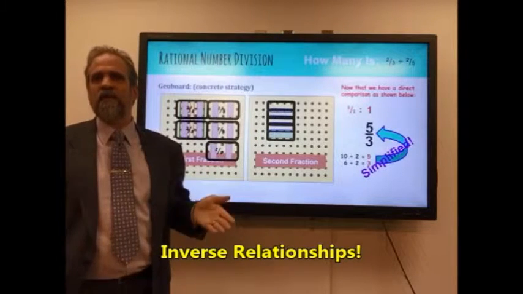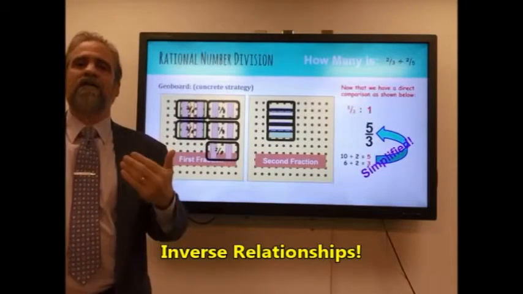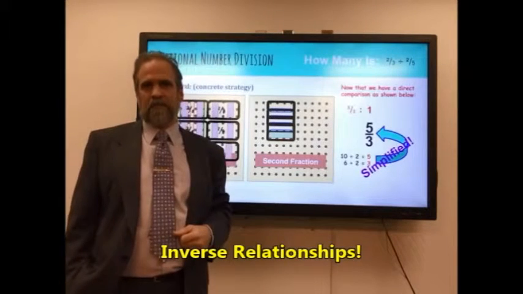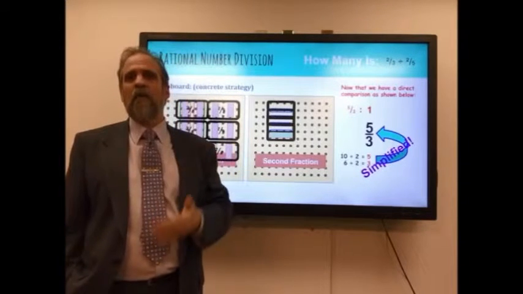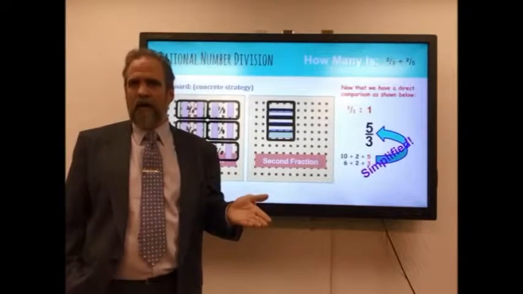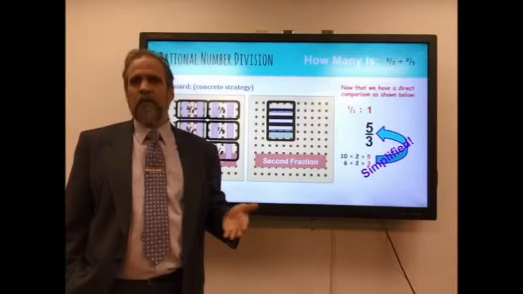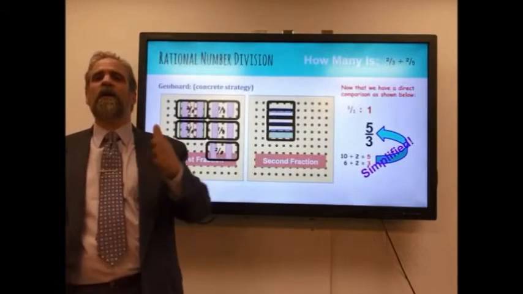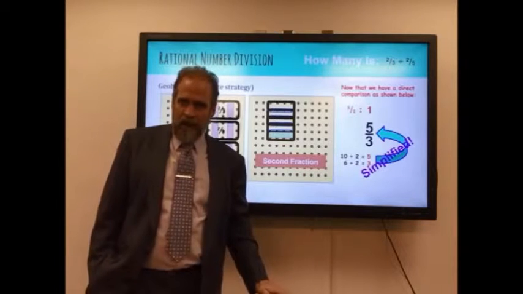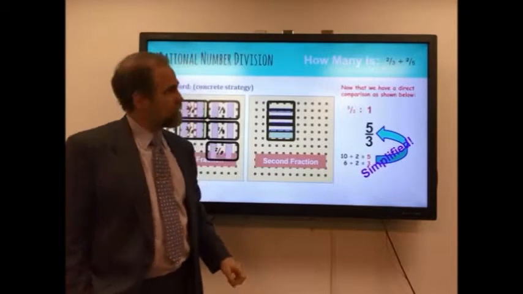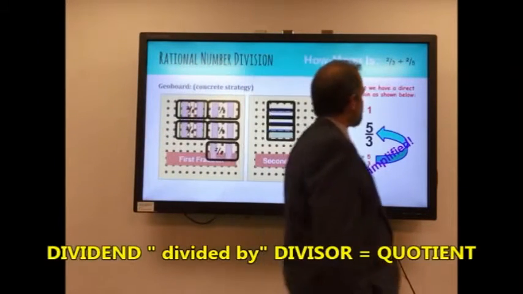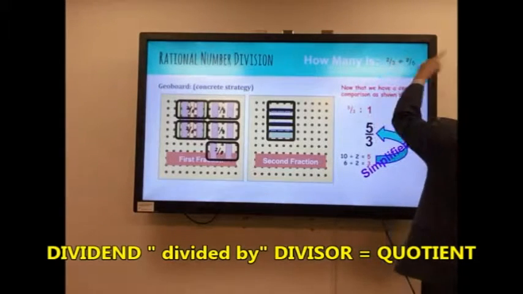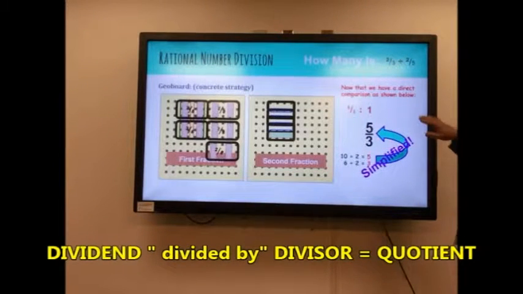For instance, what's 15 divided by 3? 5. 5 is less than 15, right? But 15 divided by 1/3 is 45, which is more than 15. So when I divide by a number larger than 1, my quotient will go down, right? And so dividend, divisor, quotient. So that's the way that works.